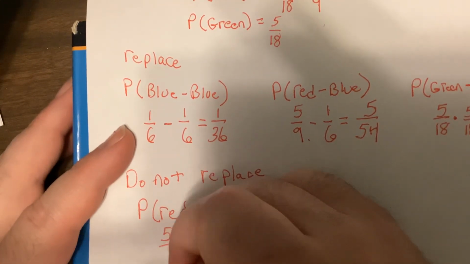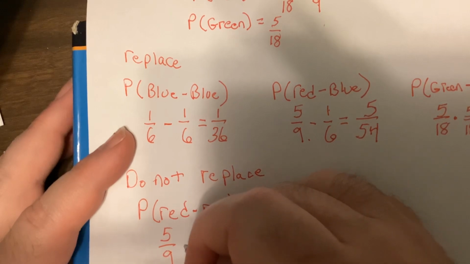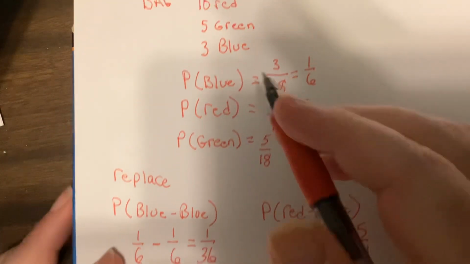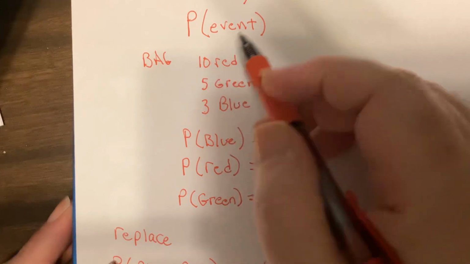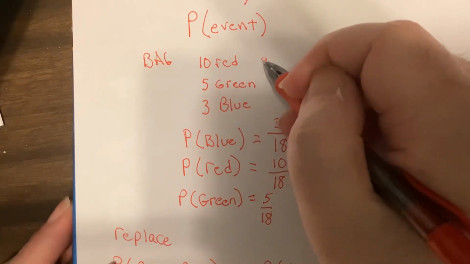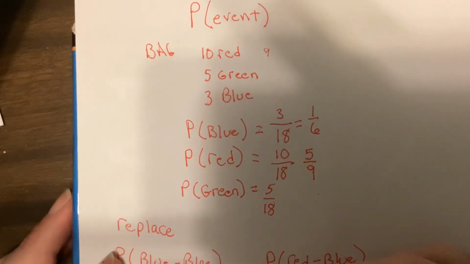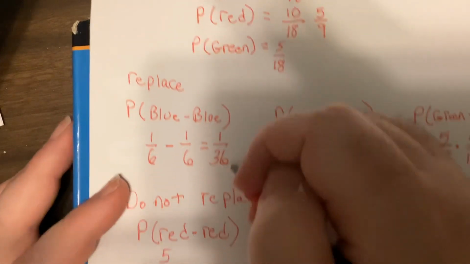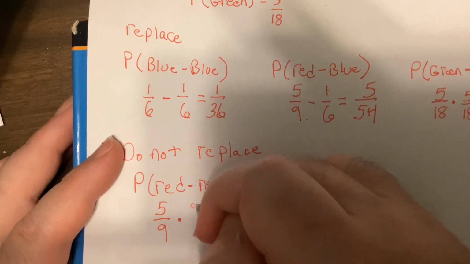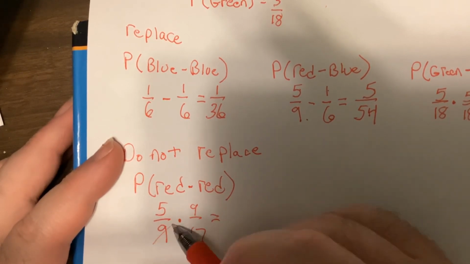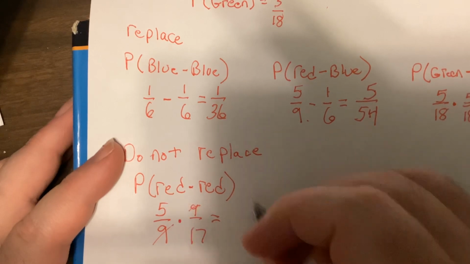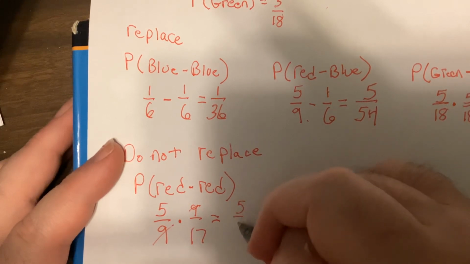So 5 out of 9 the first time, but notice the second time, one of the reds are now gone. So this would be 9 reds, and we're down to 17 marbles. So it'd be 9 out of 17. Now we can reduce. 9 goes into 9 once, so it'd be 5 out of 17 times.